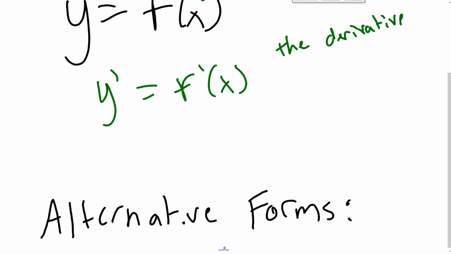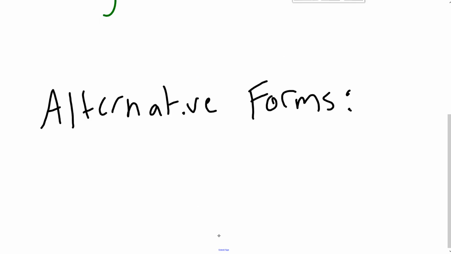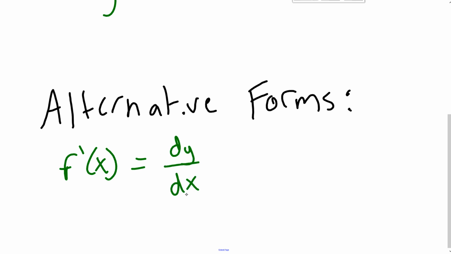Okay, then we have some alternative forms. So f prime of x, the derivative, can also mean dy over dx. The bottom one is our independent variable, so that's what we put on the bottom. And our dependent variable is on the top.